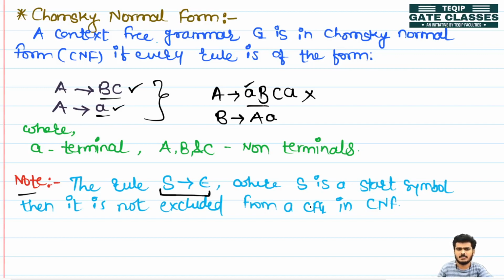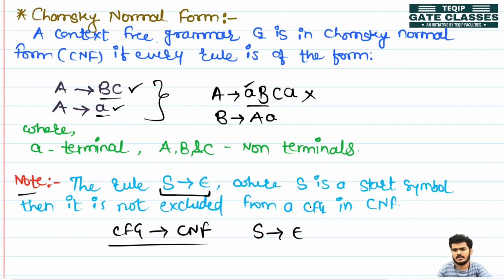Whenever we convert CFG to CNF, if there is a production S produces epsilon, then we will not remove it, because this is the starting production, and we will accept it in the CNF.